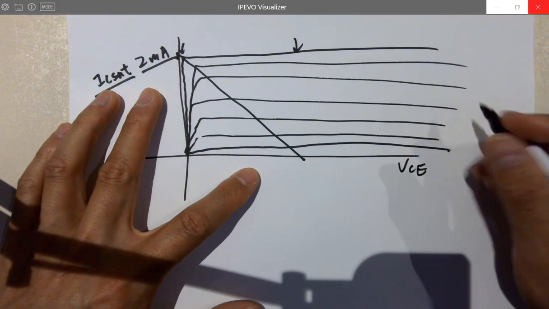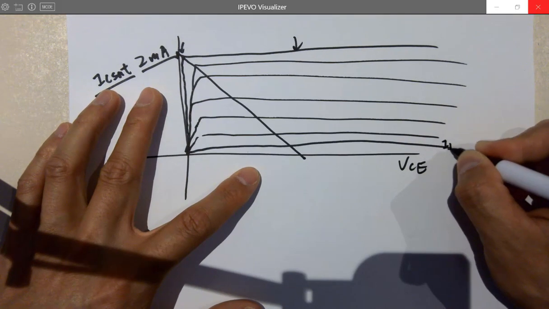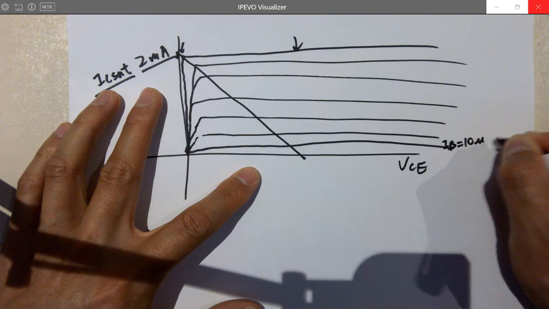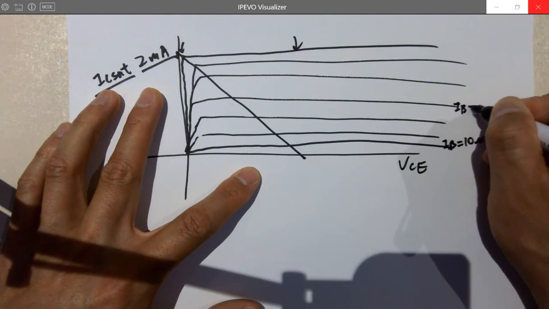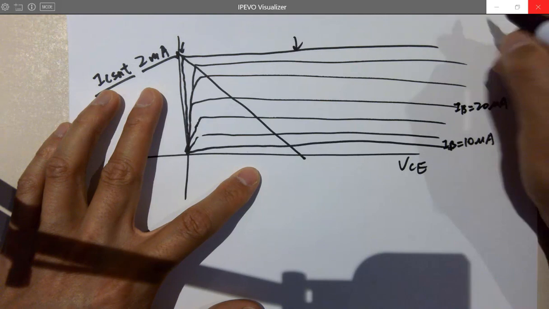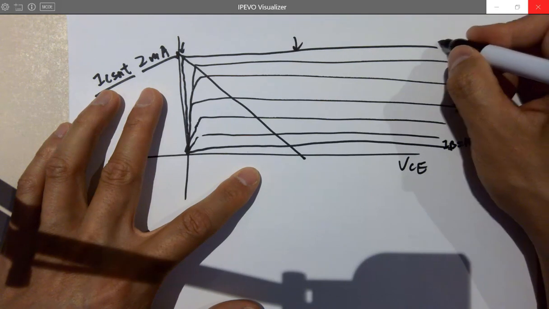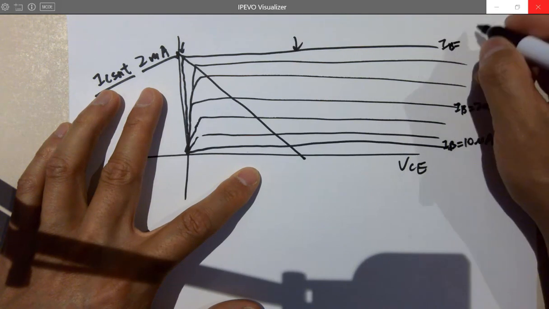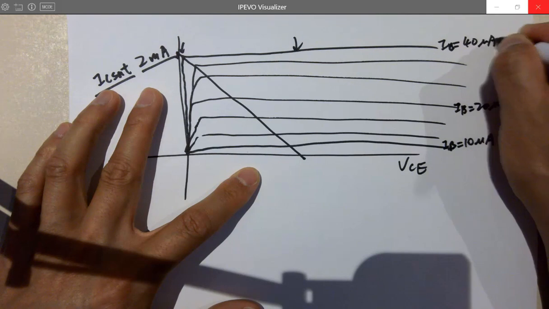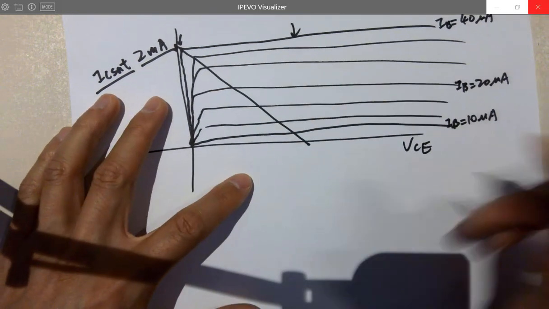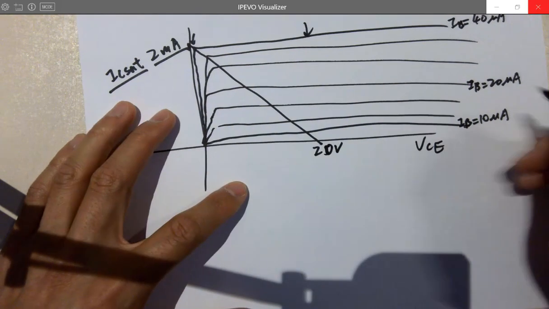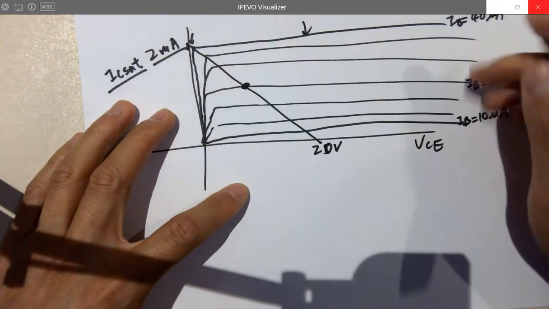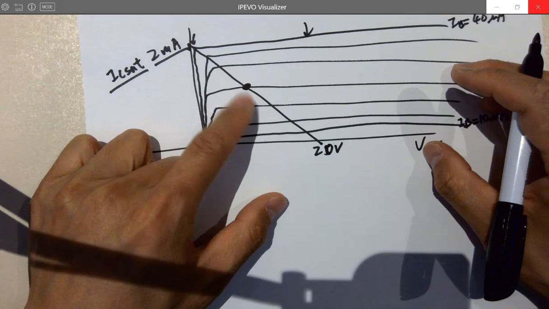For example, the first one here is IB equals 10 microamps, and here IB is 20 microamps, and this is IB equals 40 microamps, and here's 20 volts. So the middle one will be the Q point you want to choose.